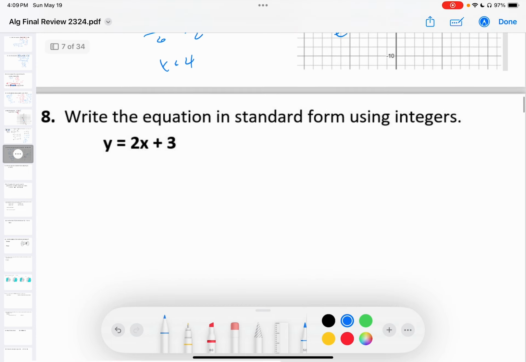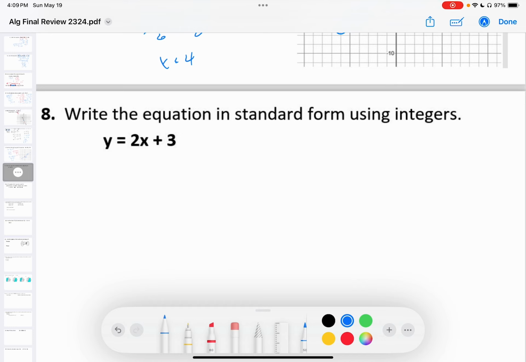Write the equation in standard form using integers. I really want to get that x and y on the same side, so I'm going to subtract 2x and subtract 2x, which leaves me negative 2x plus y equals 3. Would be one way to do it.